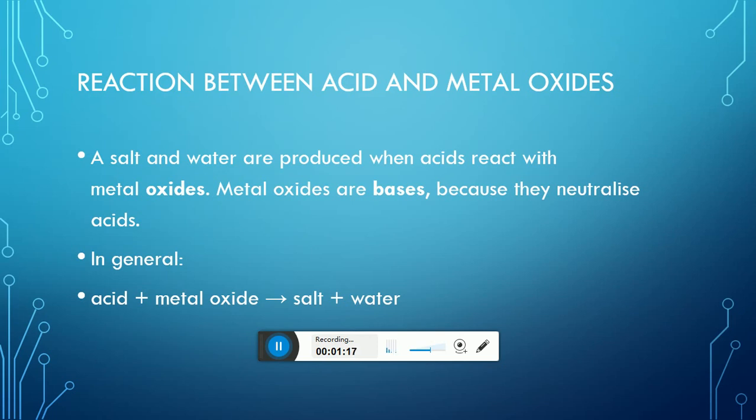Over there we learned one thing: whenever acid reacts with metal oxides, it gives us salt and water.